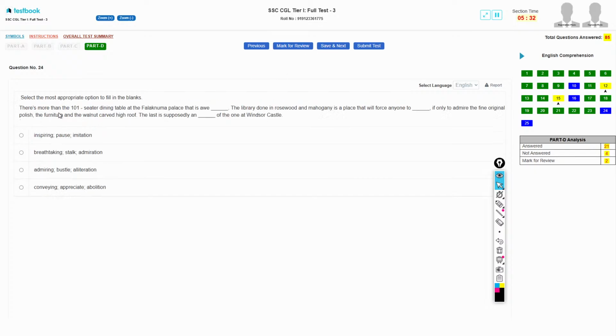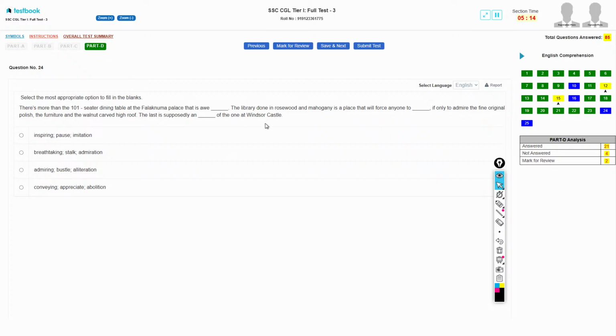There is more than the 101 seater dining table at that place that is awe inspiring. Not conveying, breathtaking, all three are possible.